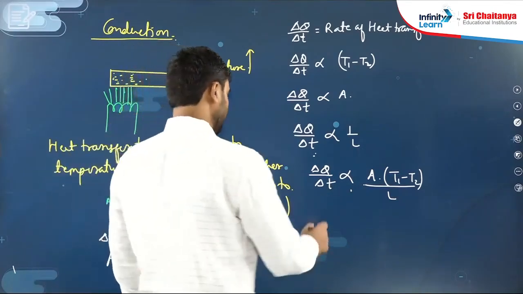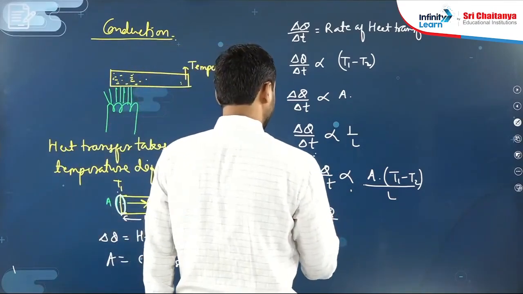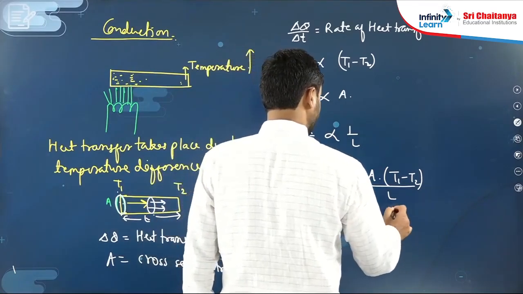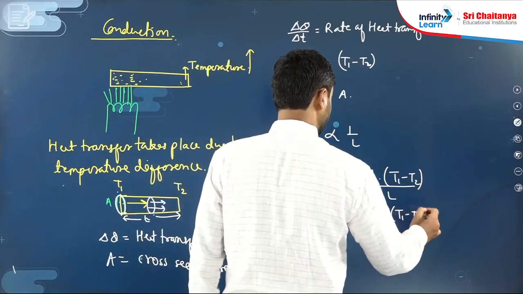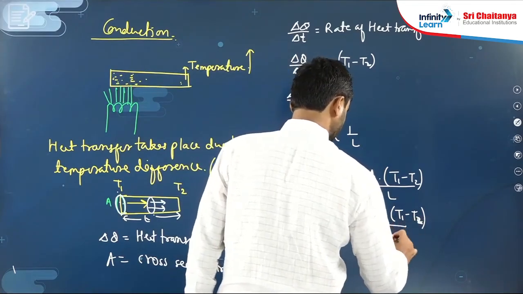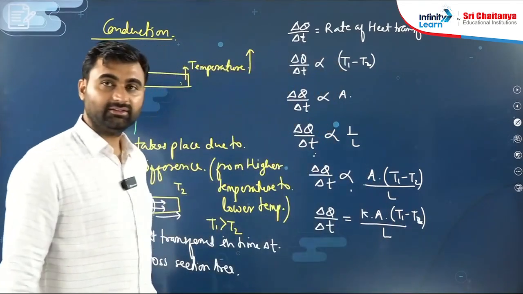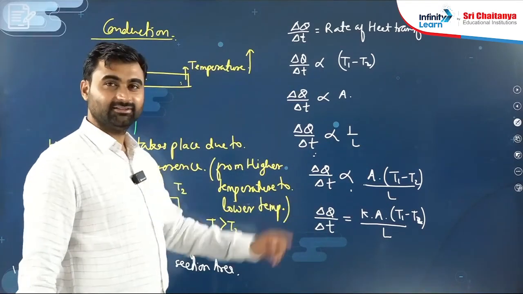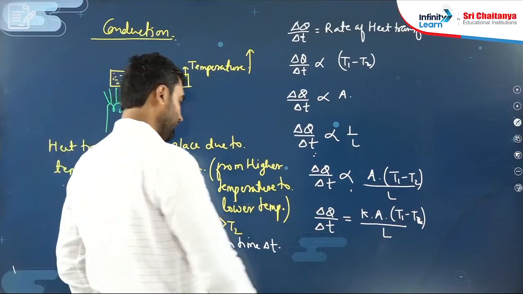So here also same thing we have to do. Here also we have to multiply with a constant. And here this constant is K. Okay. So what is K here?